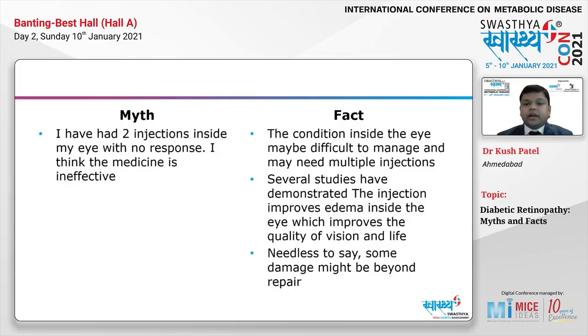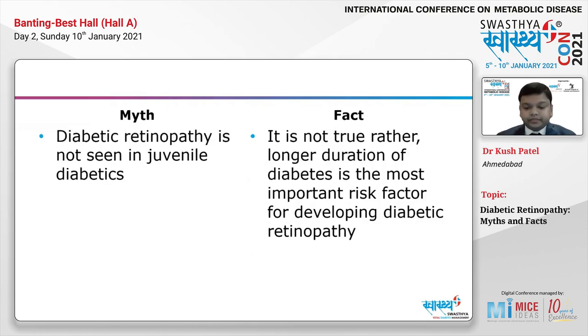Several studies have demonstrated that the injection improves the edema inside your eye, which improves the quality of vision and life. The studies have already established that the injections or treatment given for diabetic retinopathy are there for improving your quality of vision. Needless to say, some damage which is beyond control cannot be repaired.